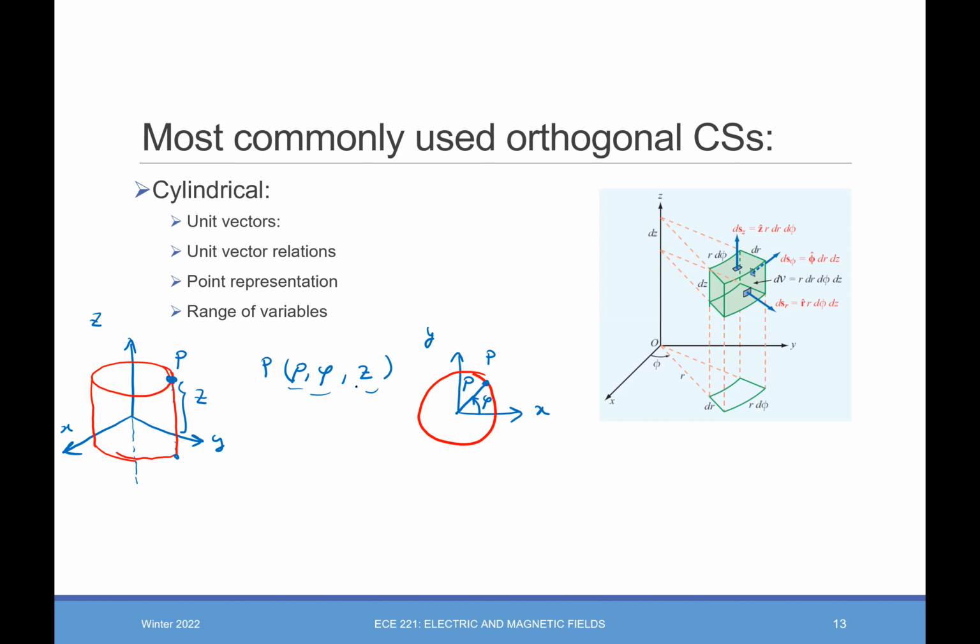Whenever we define the variables of the coordinate system, then immediately we can define the unit vectors for it as well. A more general definition of unit vector: we can say that it is the direction, with the magnitude of 1, in which the variable increases for a very small amount.